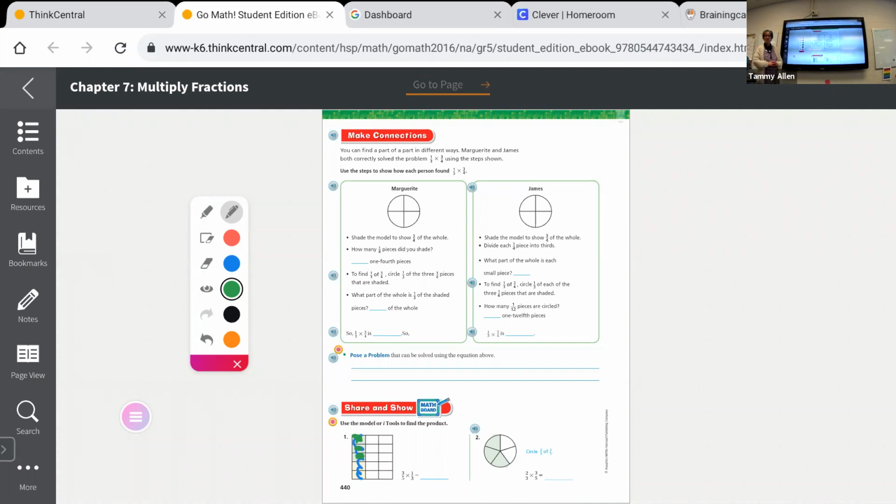How many total pieces have I shaded in both ways? 1, 2, 3 out of how many total pieces in the rectangle? 15. Does that make sense?